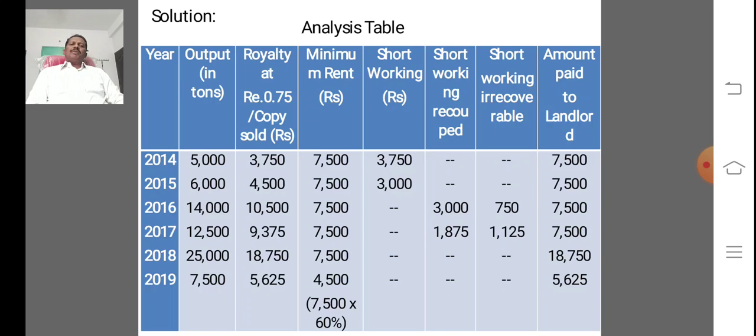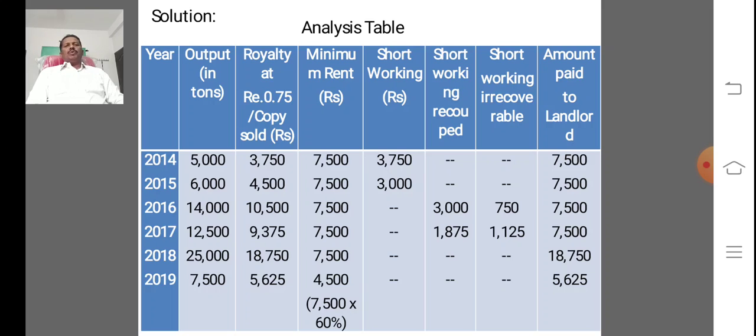In 2017, 12,500 tons manufactured into 75 paise, 9,375 is the royalty. So in this case also royalty is more than minimum rent. The difference, 1,875, is a surplus. In 2015, 3,000 short workings are there.